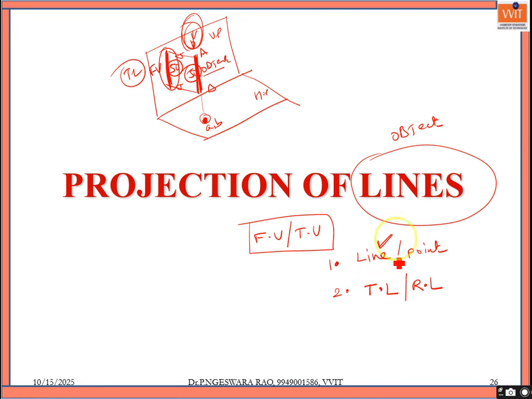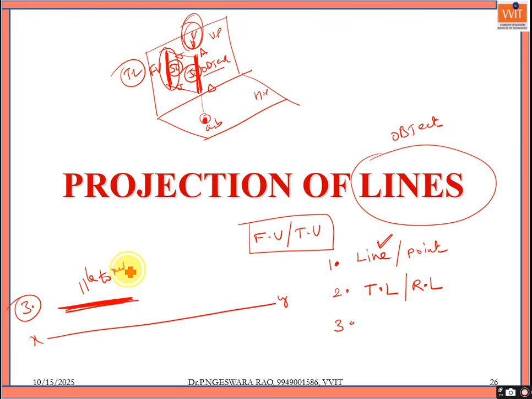So whenever the image is a line, we must know whether we need to draw the image with the true length or reduced length. The third question is, since we are getting the image as a line, based on the xy line, whether we need to draw the image in the front view or in the top view, whether the image line is parallel to the xy line, or perpendicular to the xy line.